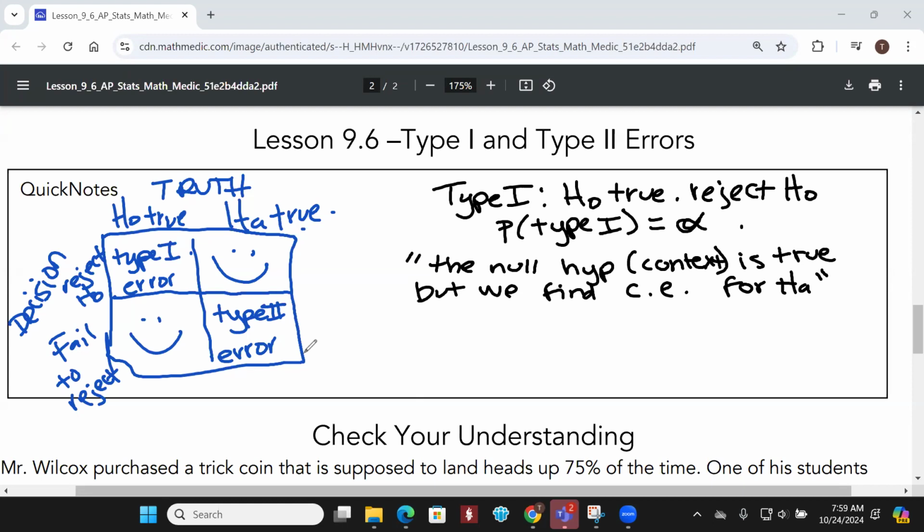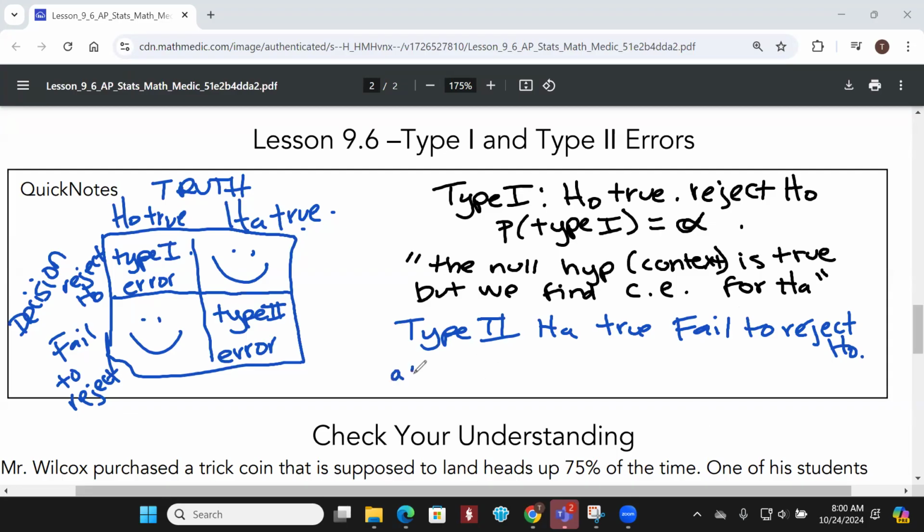A type 2 is that the alternative is true. We fail to reject the null. Okay.